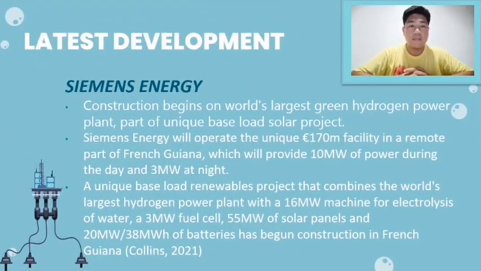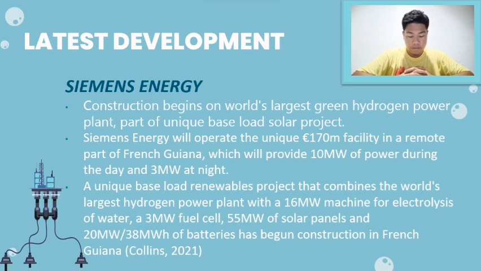Next latest development is the Siemens Energy, and ito recent lang to sinimulan. Yung cost nito is 170 million euros and situated ito sa remote part of French Guiana. These power plants offer very little capacity of fuel cell.